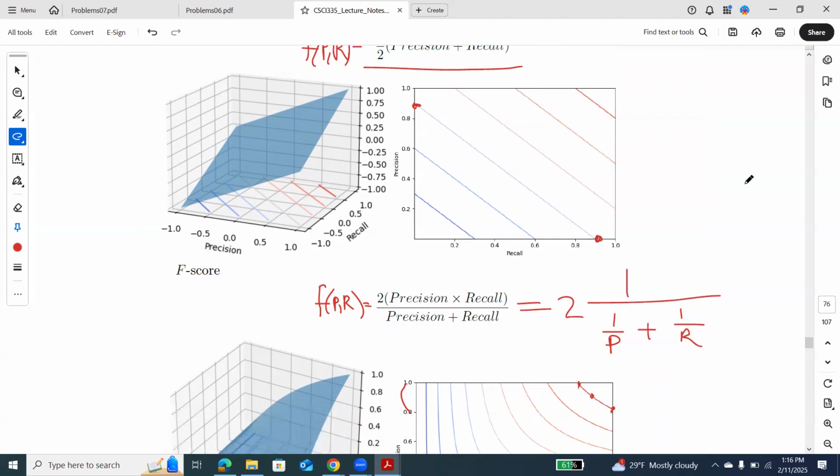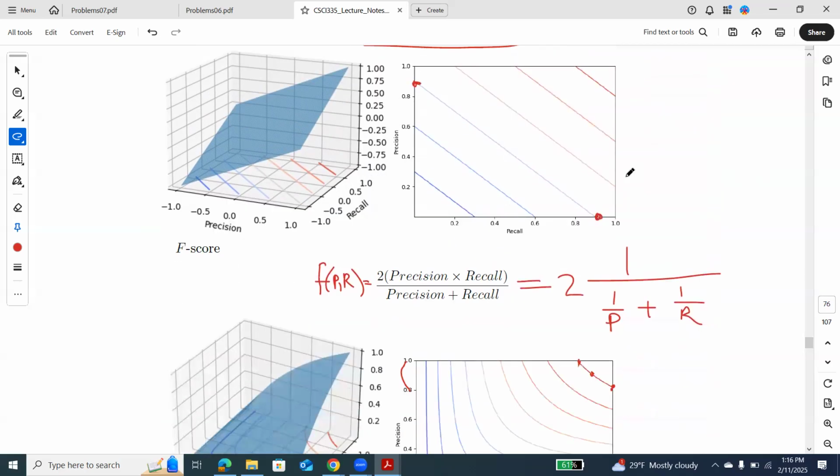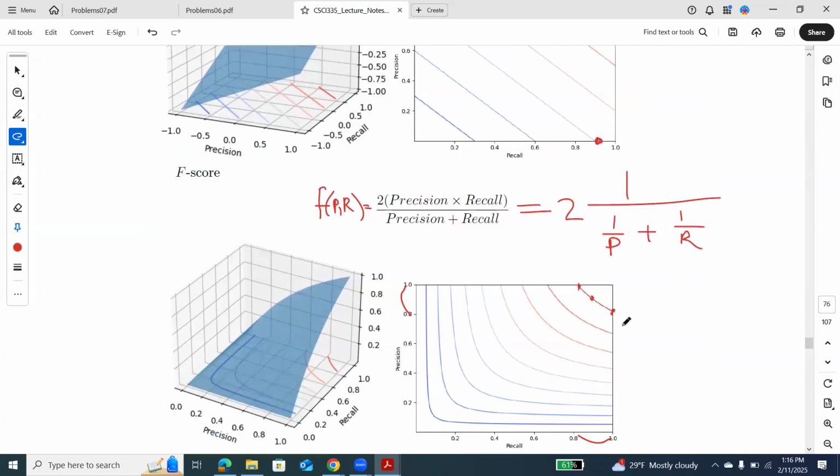The second one. That's why the first idea is not working, if we just take the average and maximize that. That's why people use the so-called F-score. In this case, it's the F1 score. When we maximize this function, then we maximize both precision and recall.